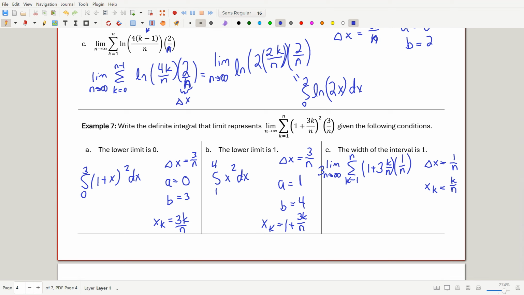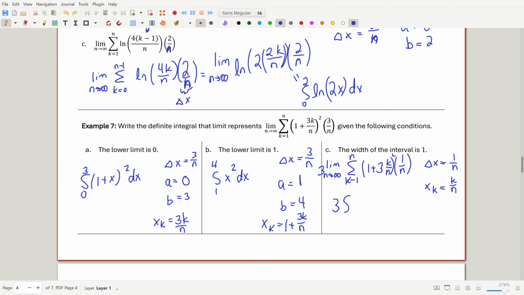So I just erased 3k over n and made it 3 times the fraction k over n. So our integral here is 3 times the integral. We actually have a coefficient in front of our integral. Our xk is k over n. I think I may have missed a squared when I was writing this, right? That parenthesis was squared, so it still is squared.